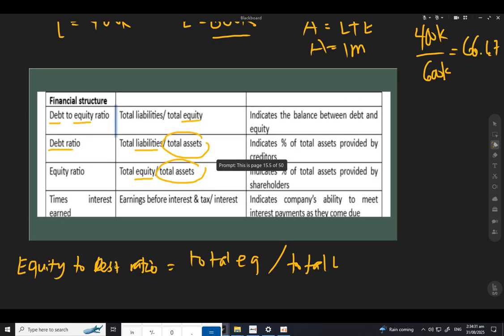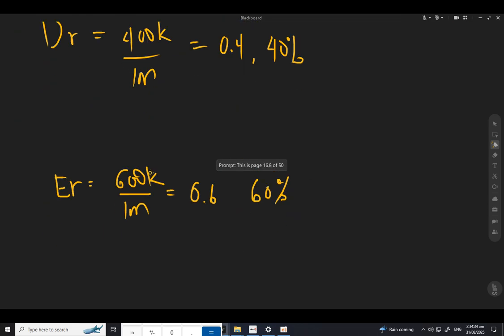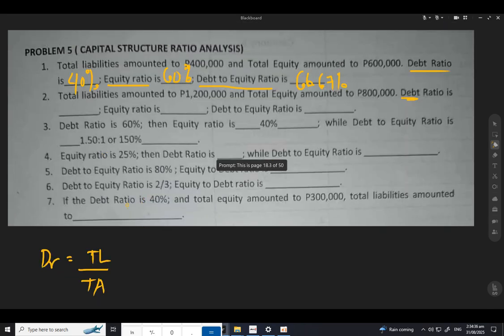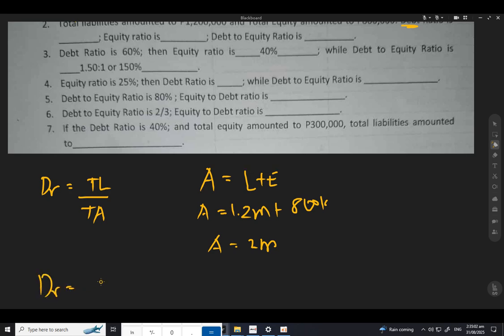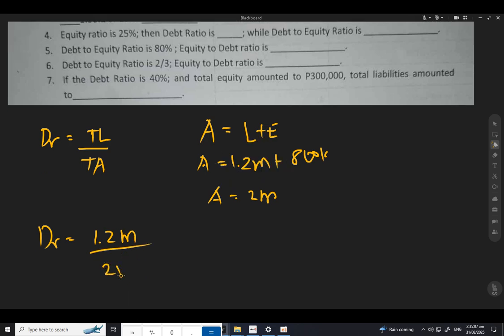Do we know total assets yet? Not yet. Assets equal liabilities plus equity: 1.2 million plus 800K gives 2 million. So the debt ratio is 1.2 million over 2 million.